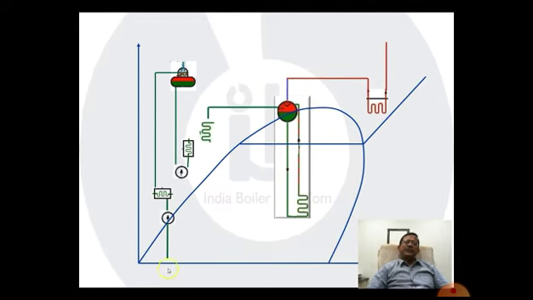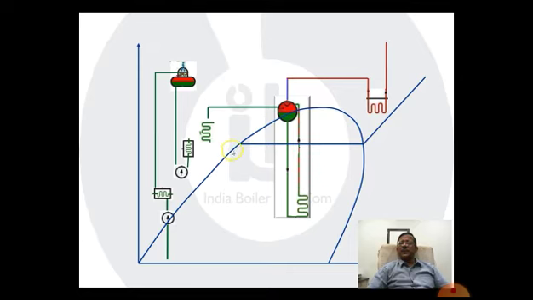Therefore, the sensible heat part is gained in a thermal power plant in the condensate extraction pump, then from there to the LP heater where the temperature is increasing, then to the deaerator where the temperature is further increasing, then to the HP heater, before which there is a feed pump, where the temperature is further increasing, then the economizer where the temperature is almost, but not quite, reaching the saturation temperature, right?